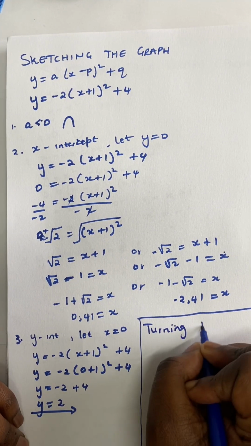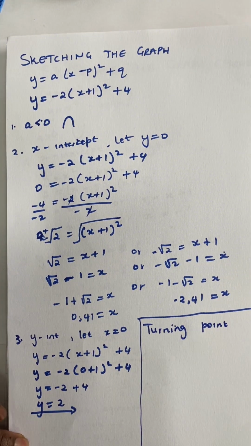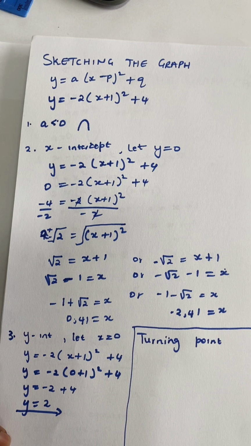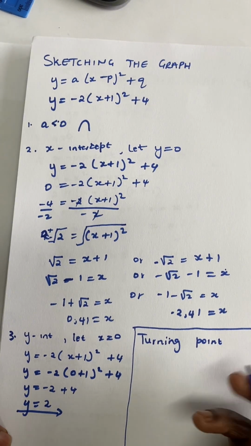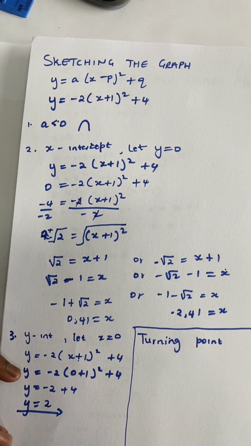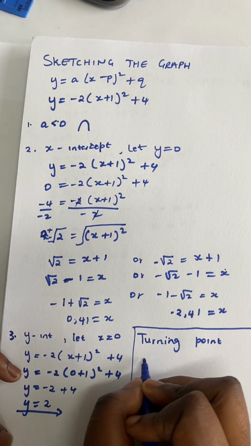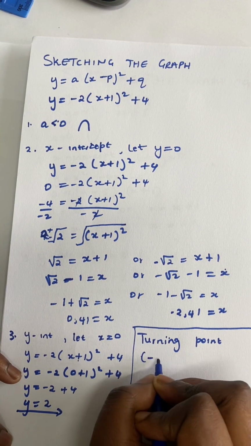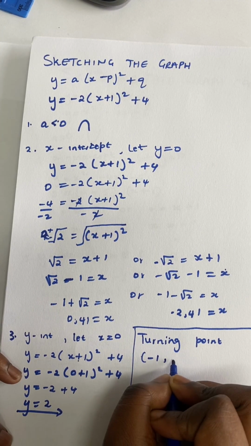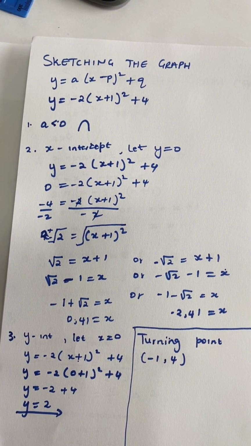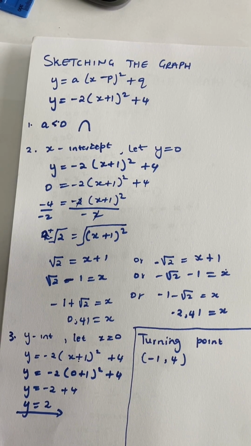Remember, I said that your turning point will be this value, but in an opposite sign, and this one. So here, the coordinates of your turning point are (-1, 4).